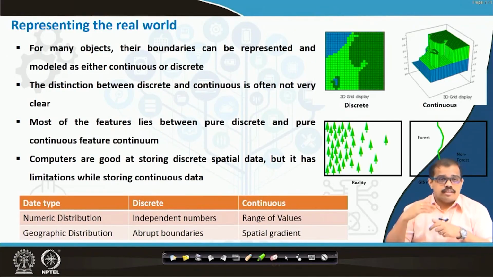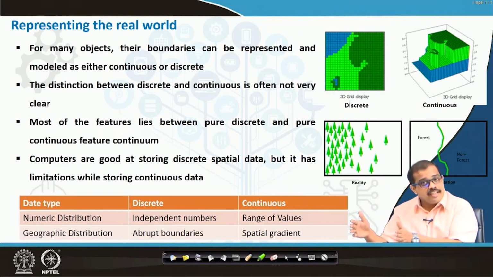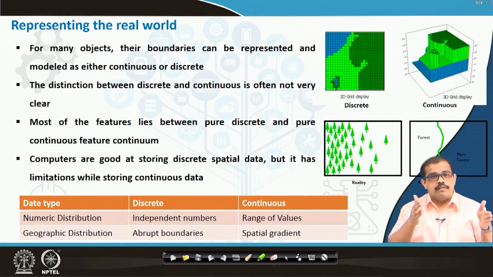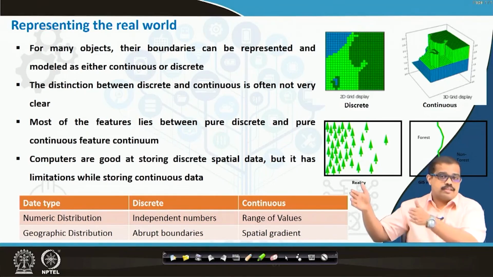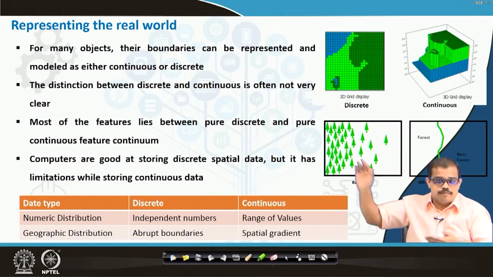When we look at data type with a numeric description, discrete data are independent numbers, and continuous data is a range of values. Geographic distribution in discrete data has abrupt boundaries, whereas continuous values have a spatial gradient, a gradient of values.